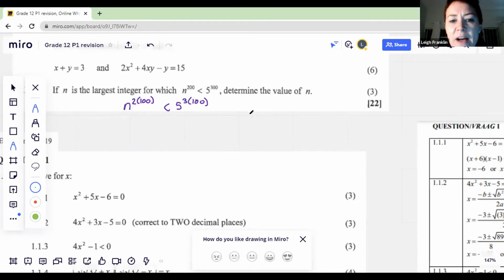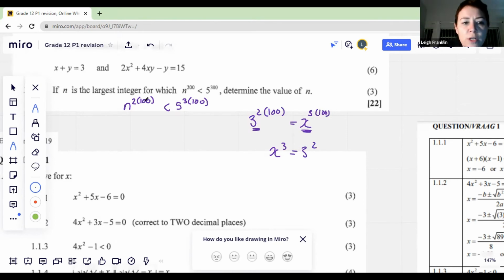So if I had 3 to the power of 2 to the power of 100 is equal to x to the power of 3 to the power of 100, what I can do is say x cubed must be equal to 3 to the power of 2. So you're equating the bases because the exponents are the same.